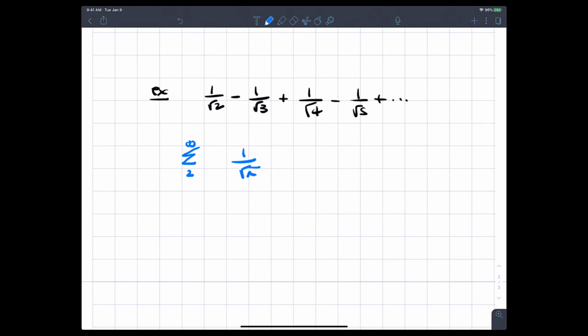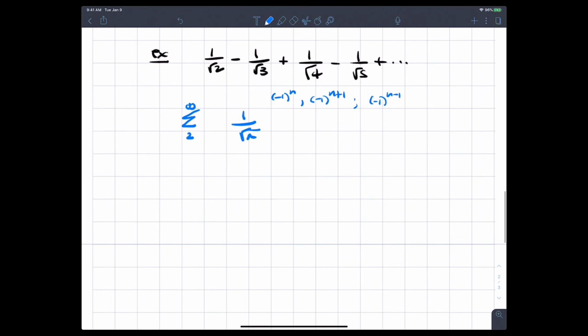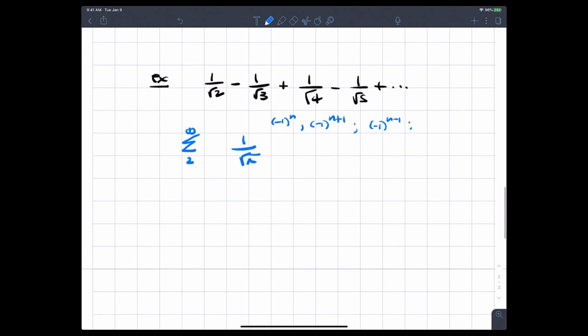But I have to be careful with the alternating mechanism. If I start with n equal to 2, I have some choices. Remember, we have -1 to the n, -1 to the n plus 1, and really there are only 2 choices, because -1 to the n minus 1 would be equivalent to the one I just wrote down. Then of course you have the cosine of n pi.